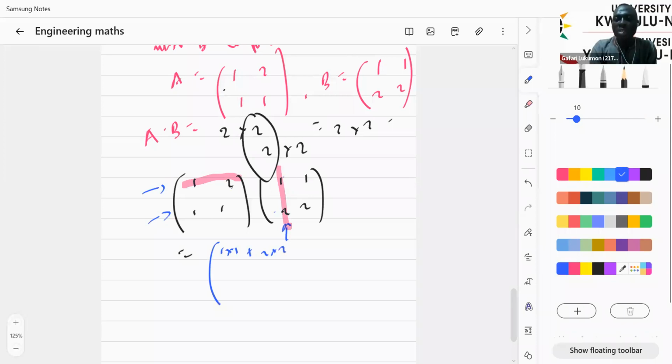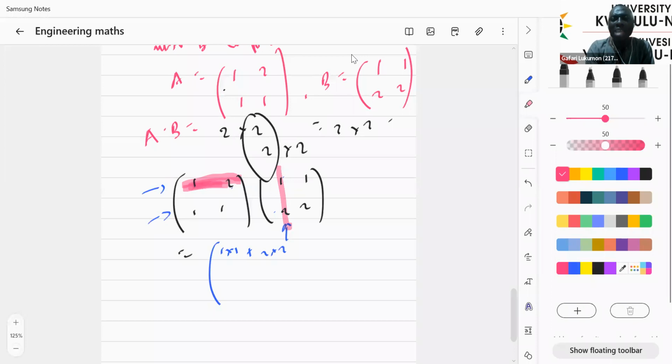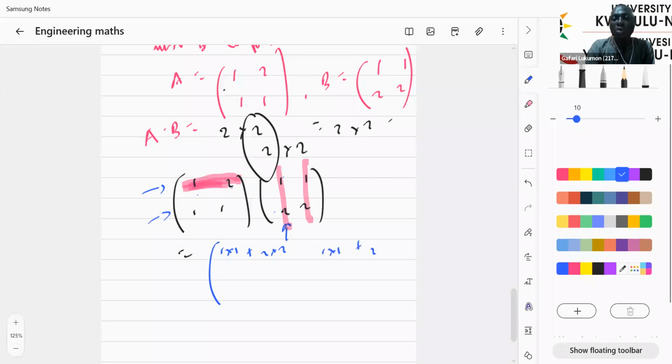You can see now, we are multiplying row by columns. We have 1 row here and 2 columns here. It means you are going to use this same row to multiply the 2 columns of the second matrix. Then immediately you are done with that, you still take the same row by this column, and that will give you 1 times 1, plus 2 times 2.